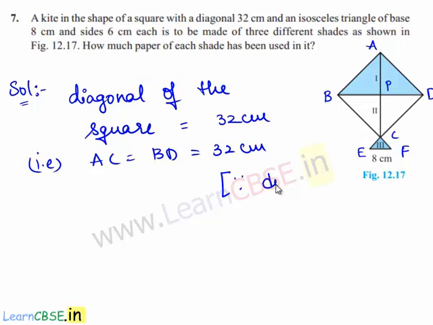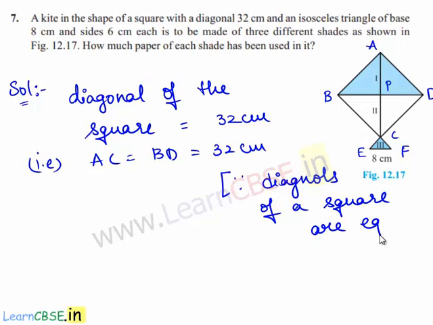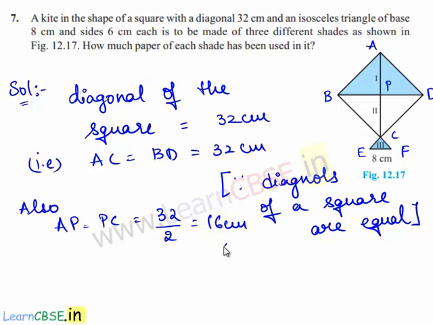Since diagonals of a square are equal, also AP is equal to PC is equal to 32 divided by 2, that is equal to 16 centimeters.